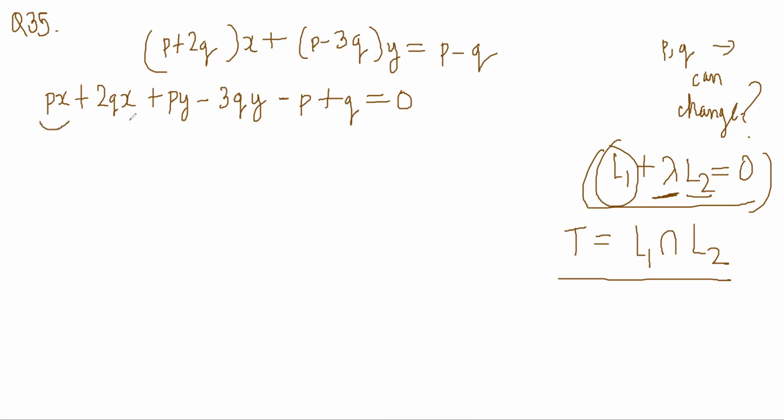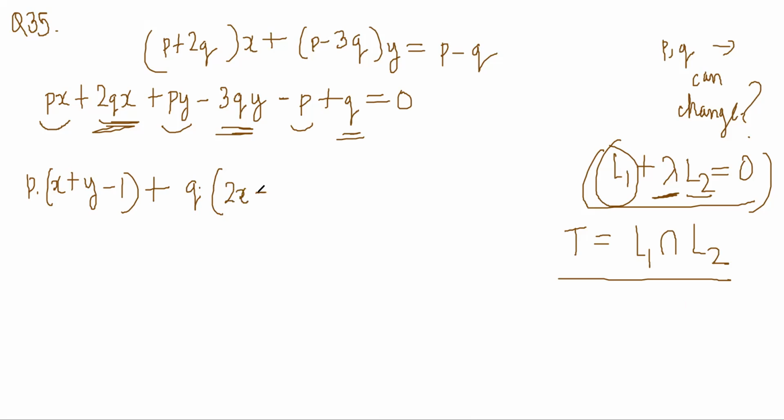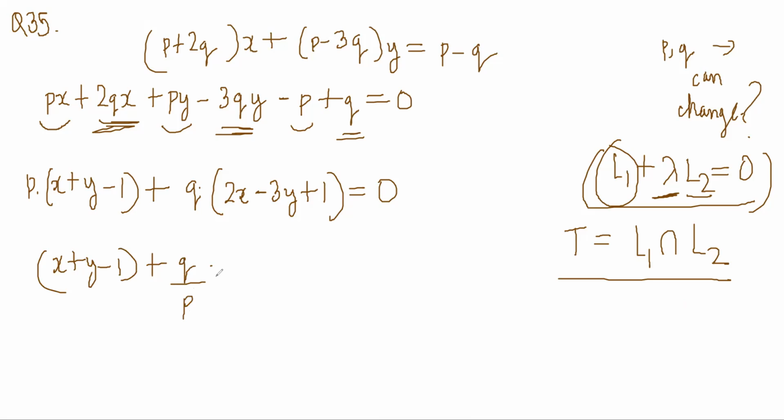Now all the p terms I can take together. P common, x plus y minus 1, and all the q terms I can take together. Q common, 2x minus 3y plus 1, right? And I can say x plus y minus 1 plus q by p times (2x minus 3y plus 1) is equal to 0.